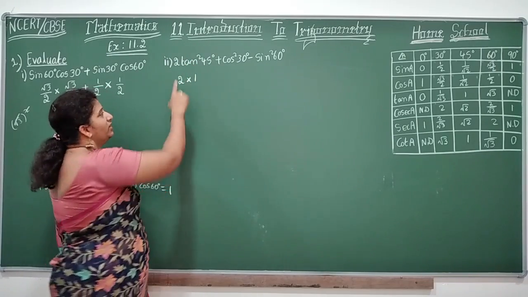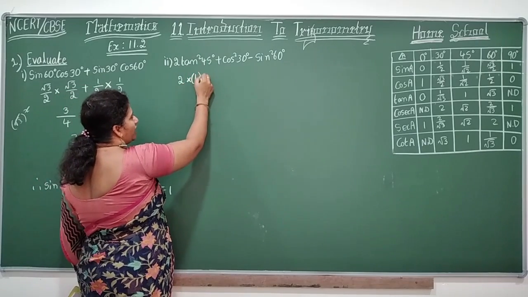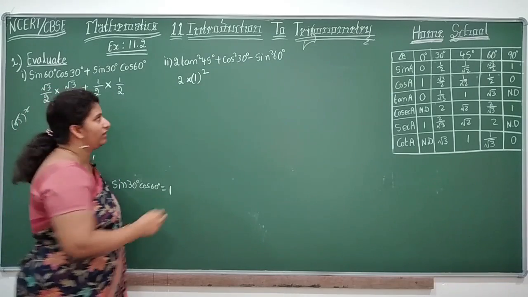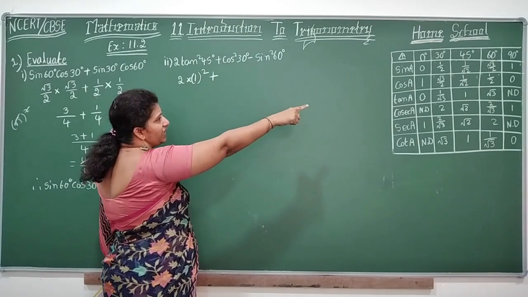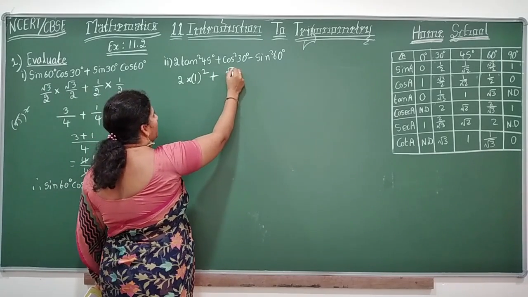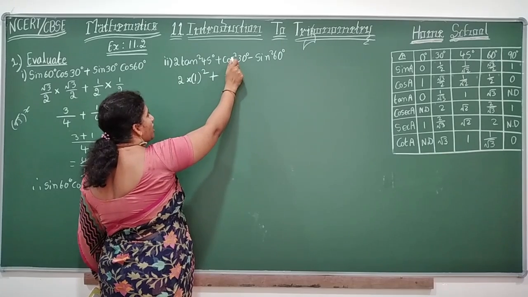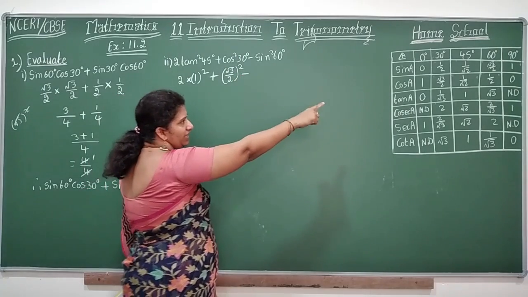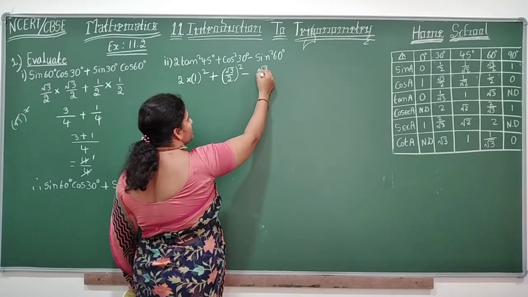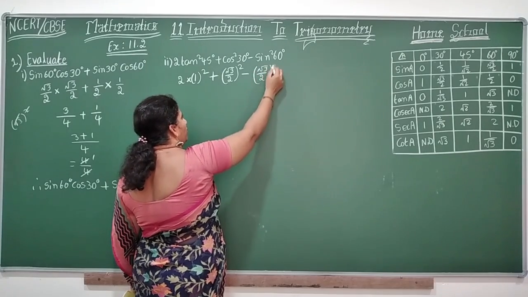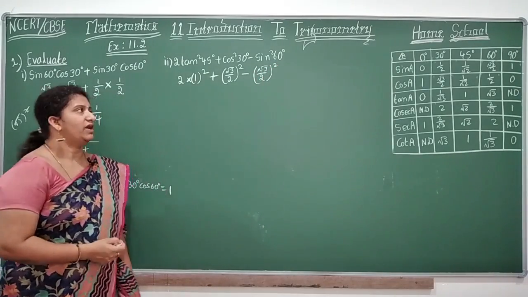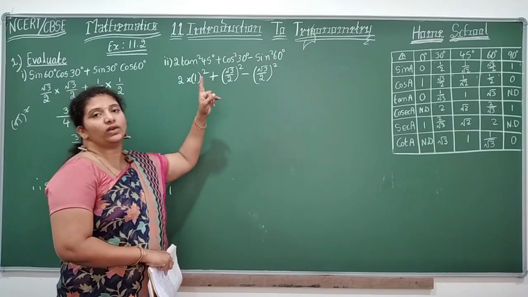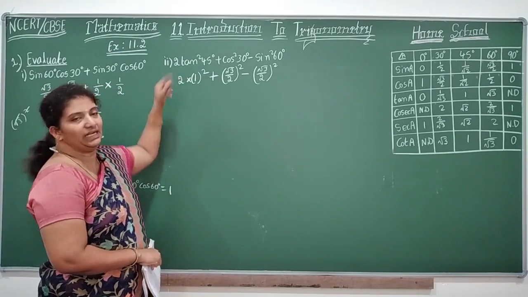Remember carefully, for 2 tan square 45 you need to write 2 into tan 45 whole square, plus cos 30, which is root 3 by 2, whole square, minus sine 60 value, root 3 by 2, again whole square. Whenever you have a square, it is only for the value, not for the multiple.